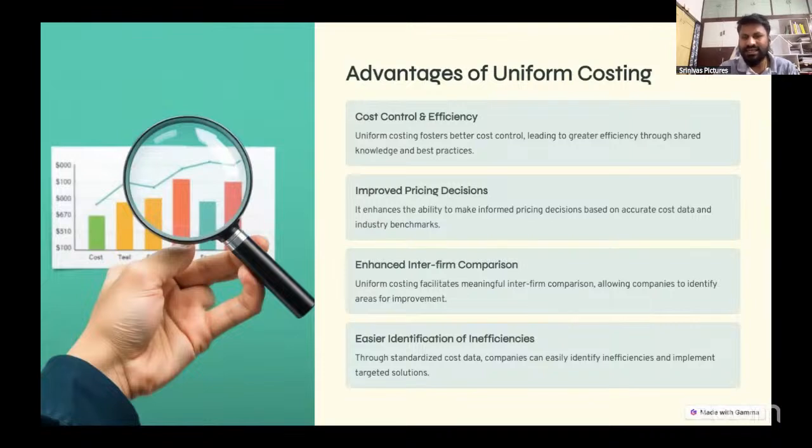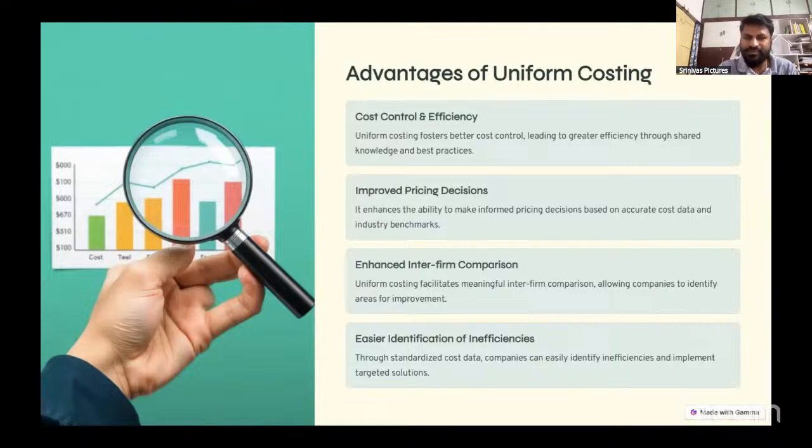It enhances the ability to make informed pricing decisions based on accurate cost data and industry benchmarks.